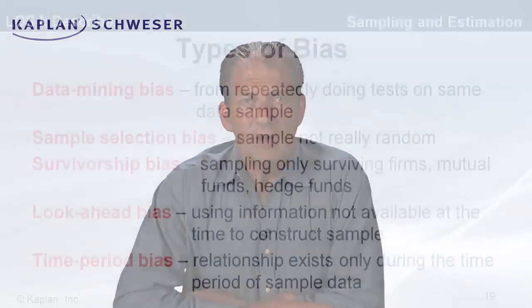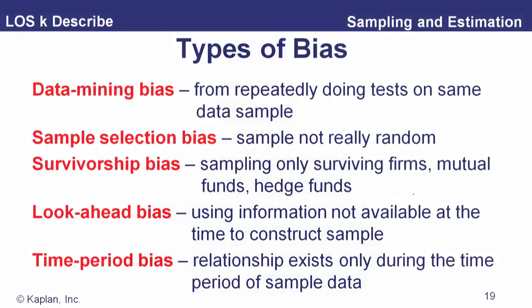So, some types of bias in sampling and estimation. First off, data mining bias from repeatedly doing tests on the same data. Well, probability is always involved in our inferences and statistics. We're never certain of anything. We're making probabilistic statements, inferences, confidence intervals. Well, that means that we're going to be wrong. If our confidence interval is 95%, we're going to get a sample mean outside of that 5% of the time.